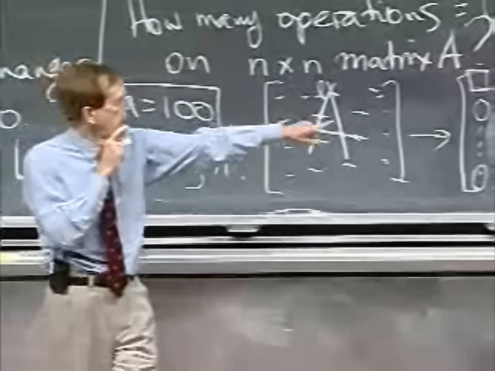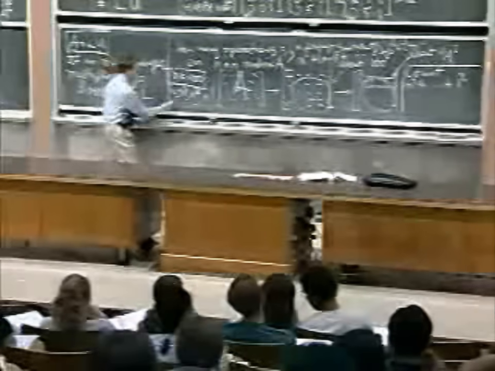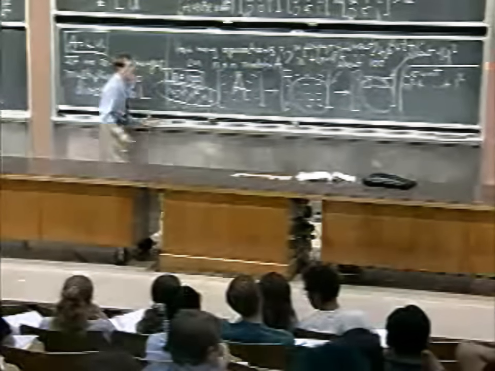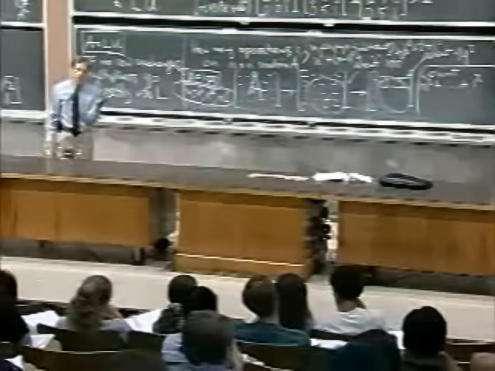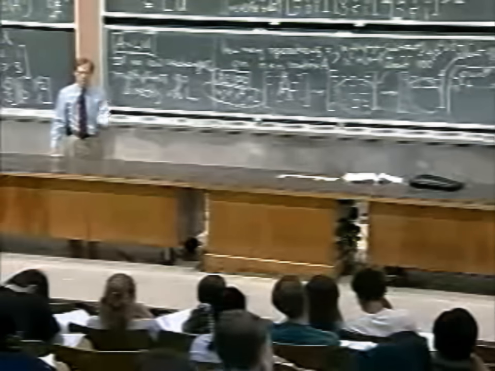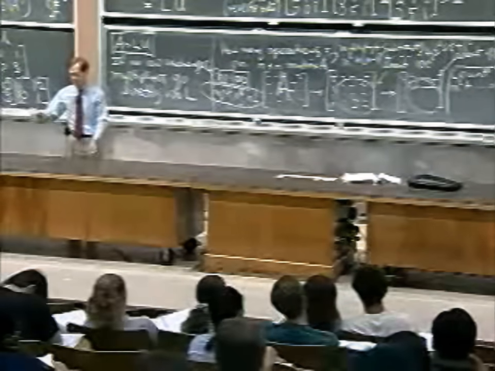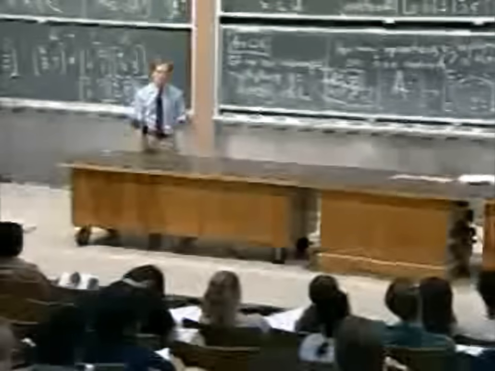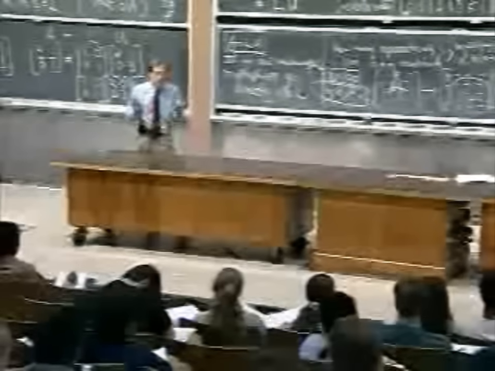Which of these quantities is the right ballpark for that count? If I add 100 squared to 99 squared to 98 squared, 97 squared, all the way down to 2 squared and 1 squared, what have I got about?